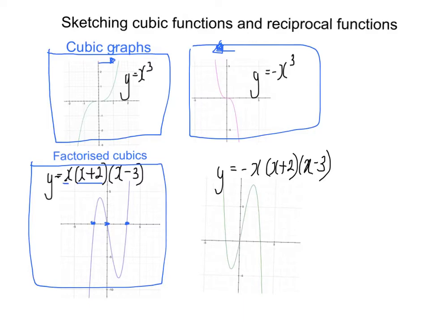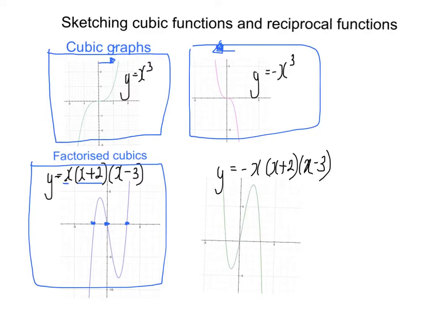And then if we wanted to know where it crosses the y-axis, when x is 0. If I put x as 0 here, I would get a value of 2, but then x is 0 here, so 0 times 2 is still going to be 0. So the y value is 0.